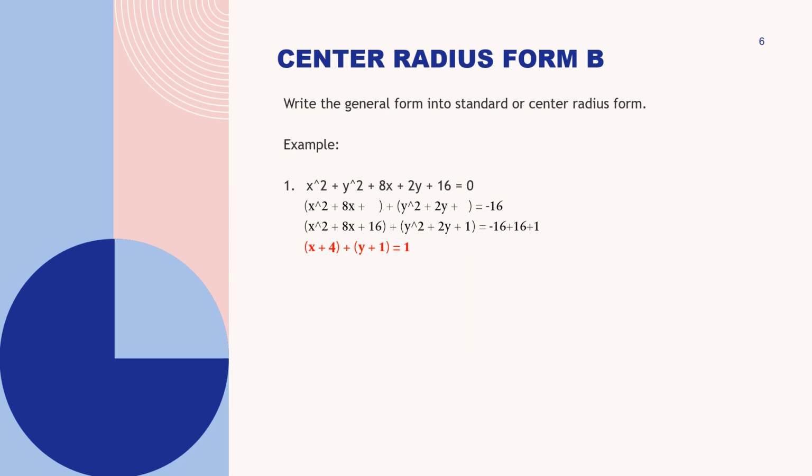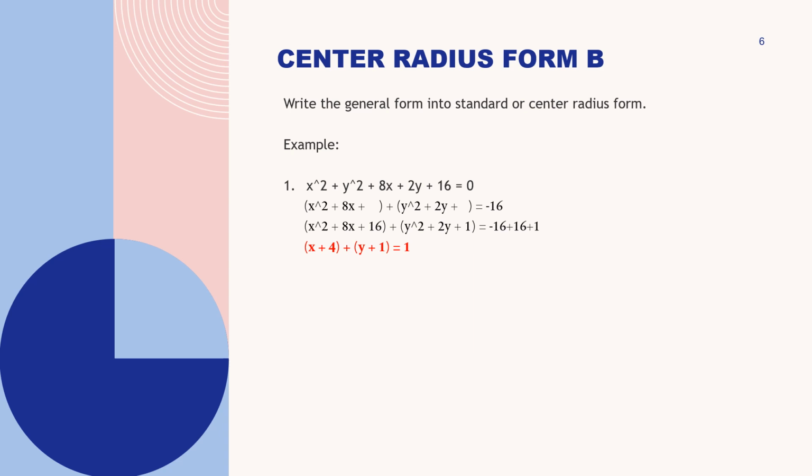Then the square root of y squared is y, the square root of 1 is 1, and then simplify: negative 16 plus 16 is 0, plus 1 is 1. So this will be the standard form or the center radius form from this general form of the circle.